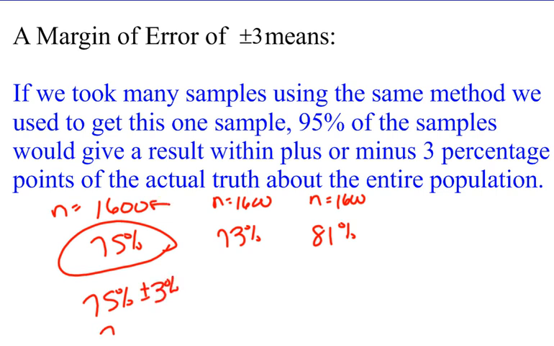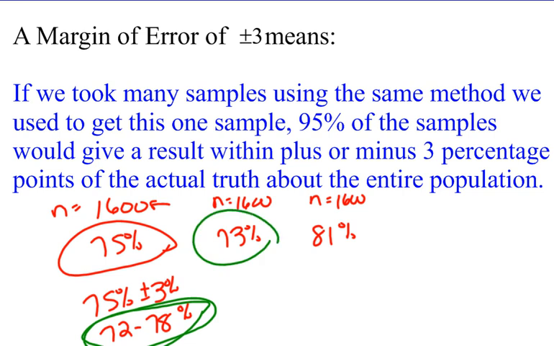So I expect my kids to be between 72 and 78%. 95% of the time when I survey the same school over and over, I expect students to land between 72 and 78% for wanting to go to college. Look at what happened. It happened here, didn't happen there. That'd be like my 1 to 5% weirdness, right? But if I kept doing this, most of them would be in there. So I did it again, I got 77%. I did it again, and I got 73% again.